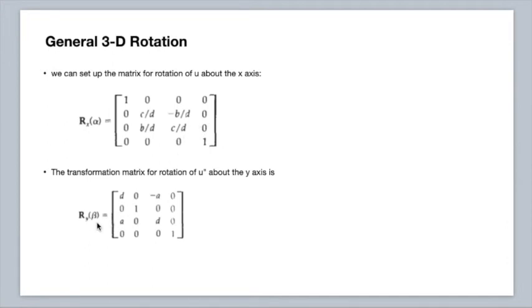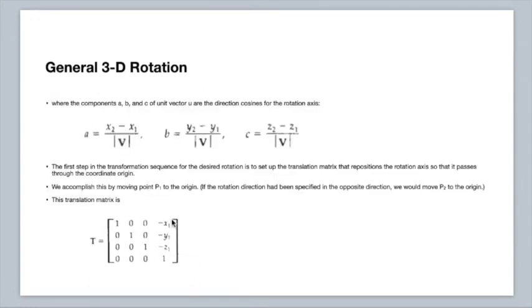Then you have to rotate about the y-axis with an angle beta, so that it comes in alignment with the z-axis using this rotation matrix, that is transformation matrix, that is d 0 minus a 0, 0 1 0 0, a 0 d 0, 0 0 0 1.